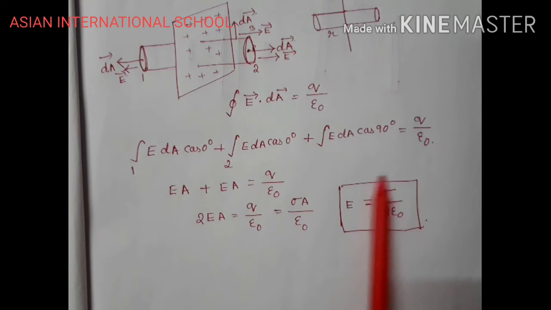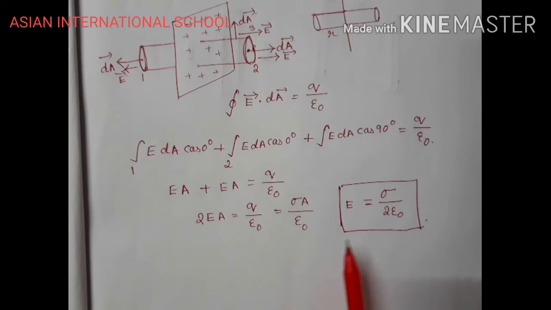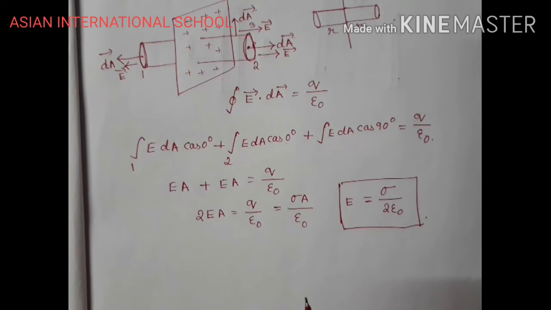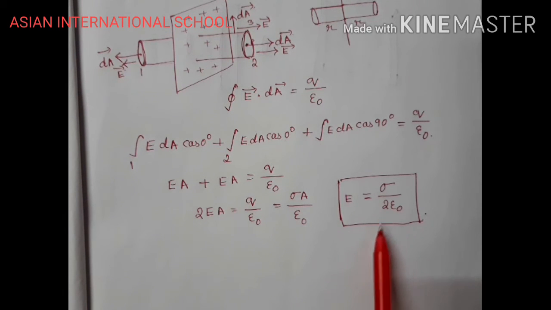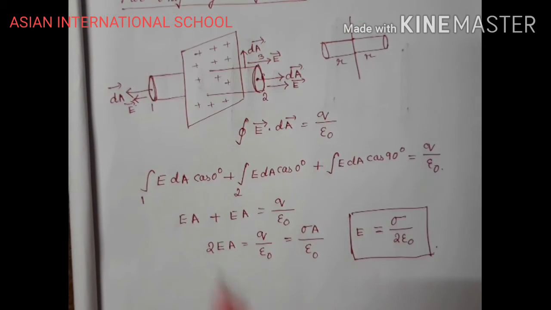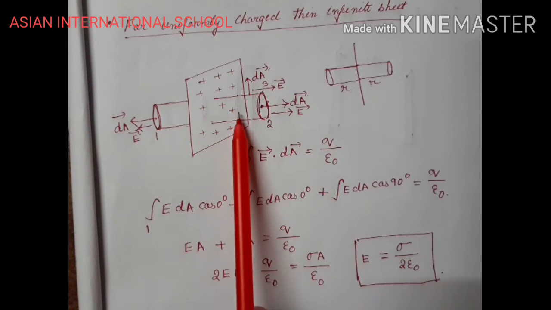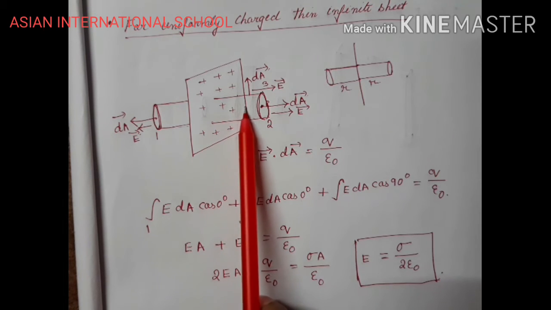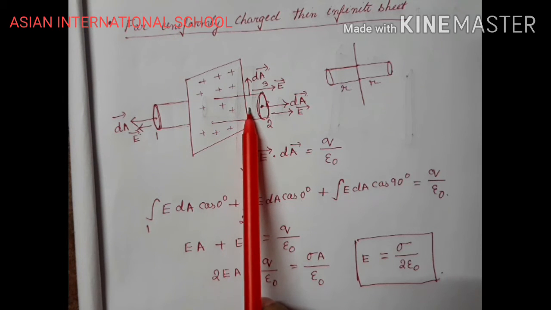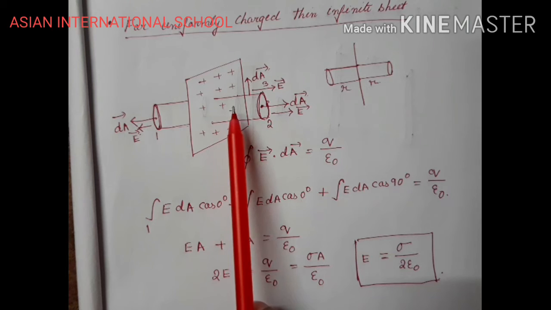And this electric field is applicable when you take a sheet which is infinitely long. Infinitely long means the distance where you are calculating the electric field is small compared to your sheet.